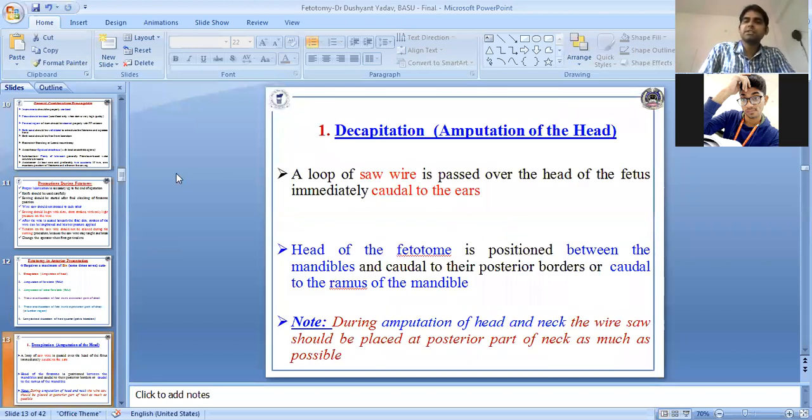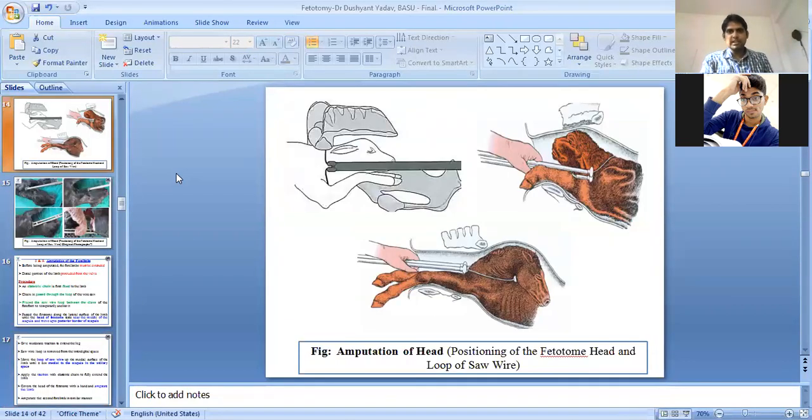Decapitation, that is amputation of the head. Here, 2 things are very important: the head of the fetotome and the position of the wire. I will show the head of the fetotome. You see, this is the head of the fetotome and this is the wire.